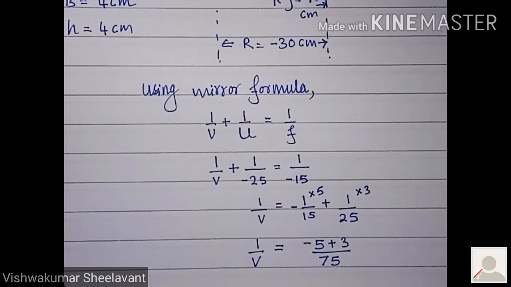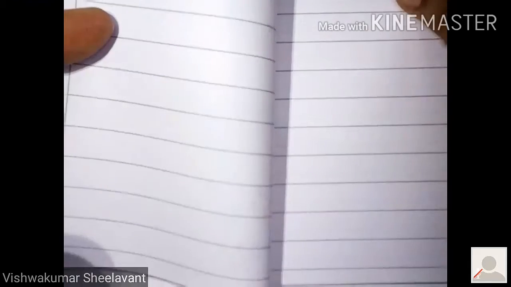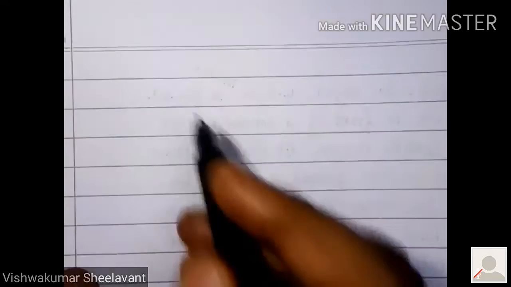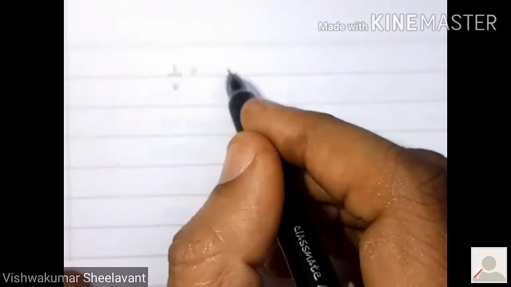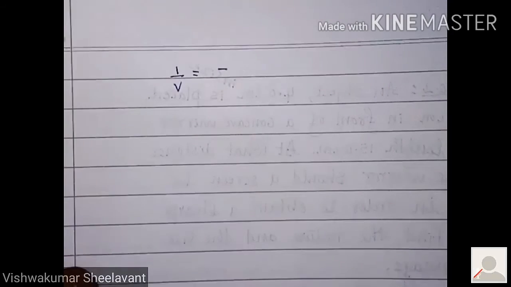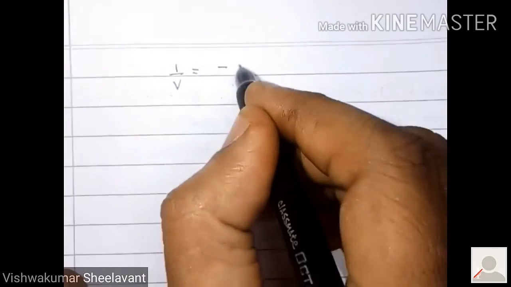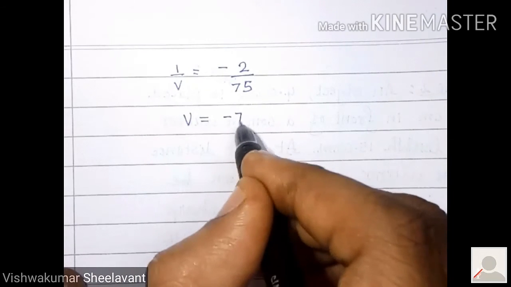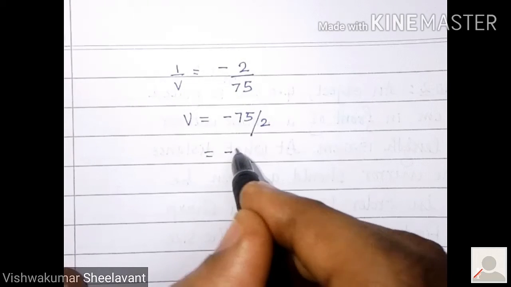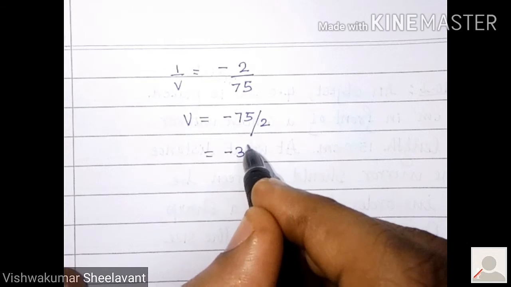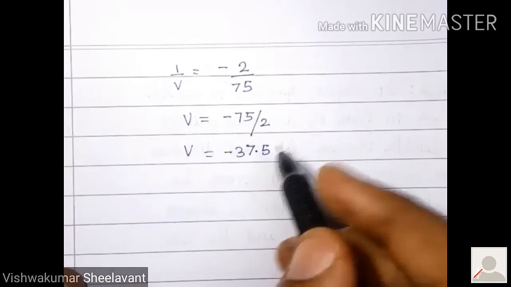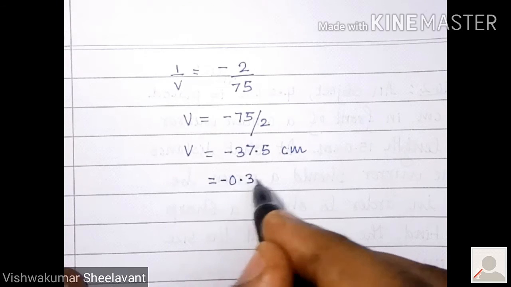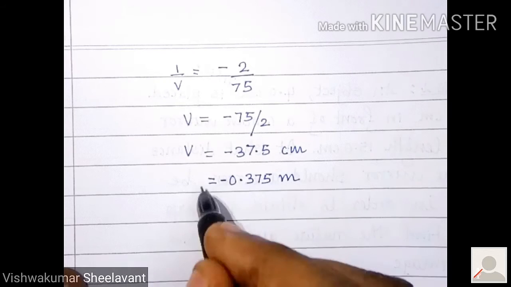Simplifying, 1 by v equal to minus 2 divided by 75, or v equal to minus 75 by 2, that is minus 37.5 centimeter, or minus 0.375 meter.